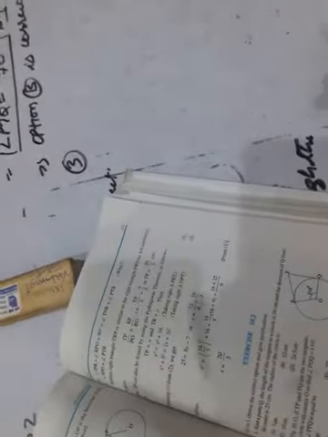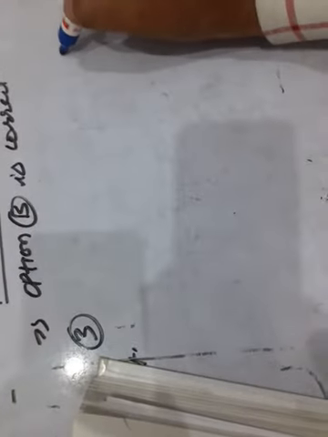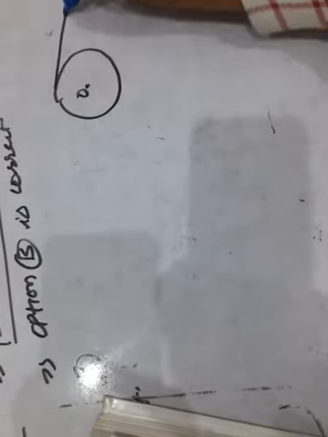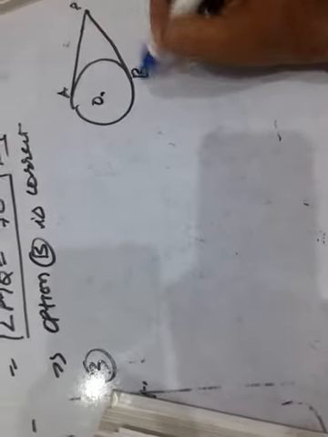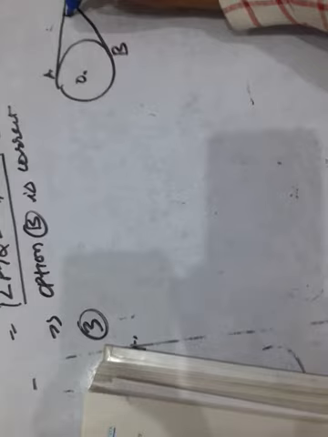Question number 3 states that if tangents PA and PB from a point P, draw the figure first. This is a circle, clear, with center O. If tangents PA and PB from a point P outside the circle to a circle with center O are inclined to each other at an angle of 80 degree.